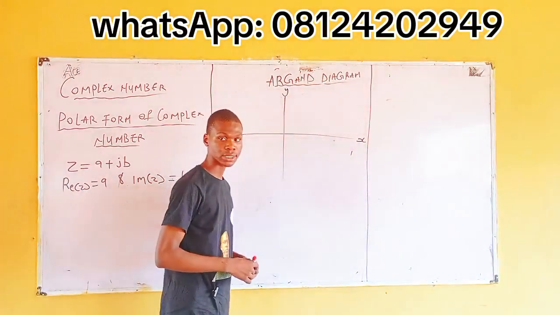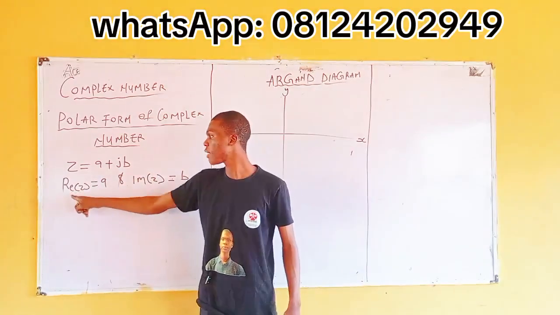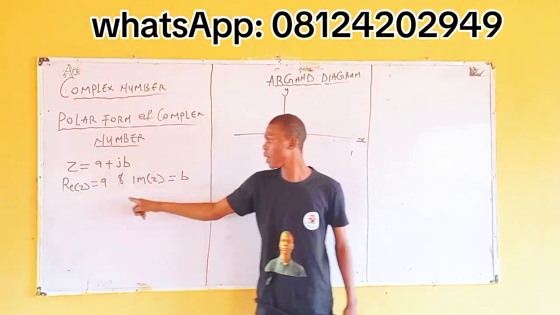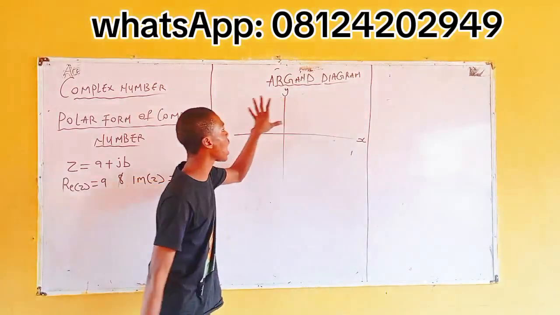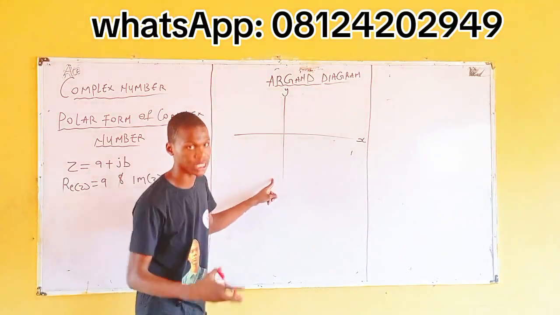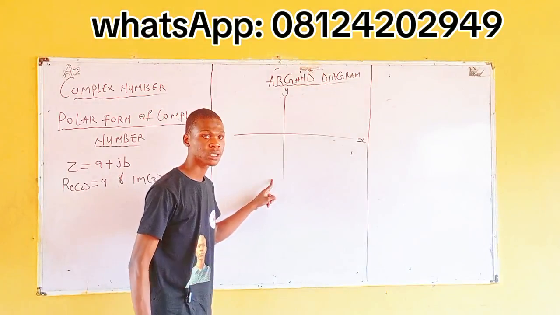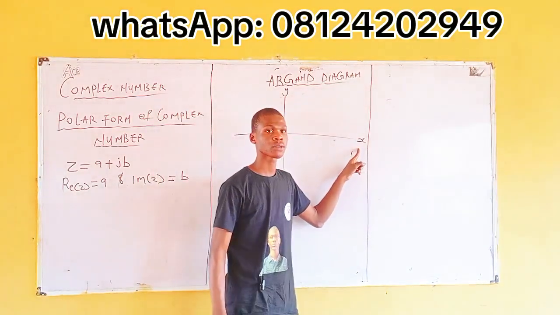X-axis. Right? Then we define complex number to be this, knowing that we have the real part of z and the imaginary part of z. Now, for this x and y axis, in place of y, it becomes the imaginary part of z. Are you getting me? In place of x, it becomes the real part of z.